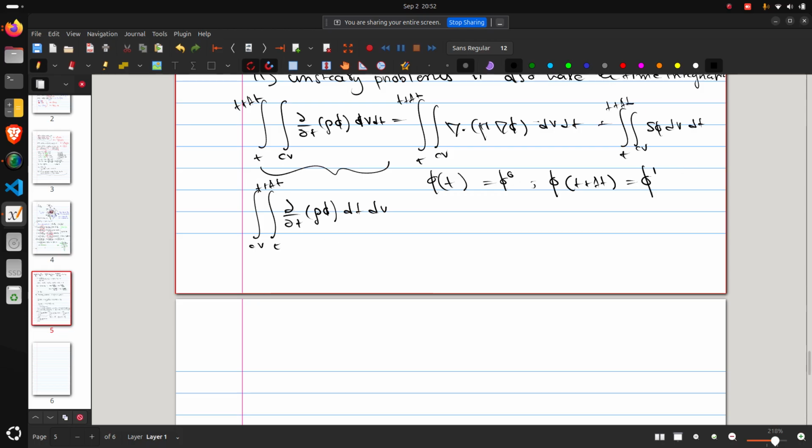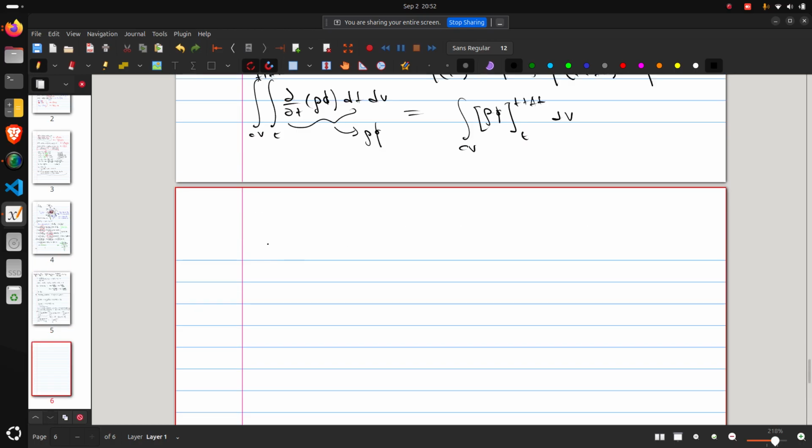Okay, so if we do this, this ∂/∂t of ρφ dt, this whole term will turn out to be only ρφ, right? So this will be control volume, ρφ from t to t plus delta t, dV.